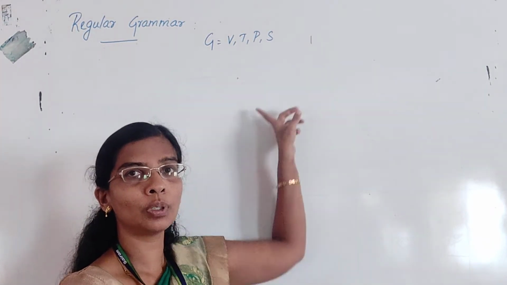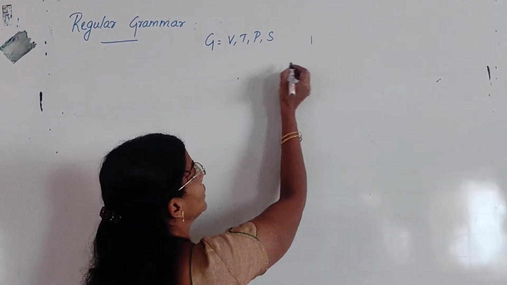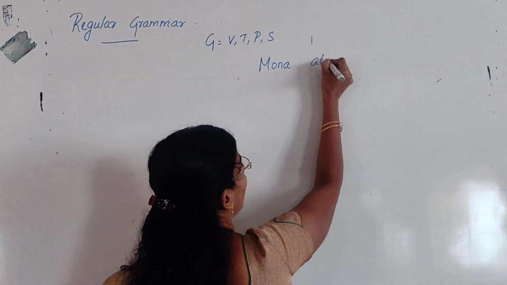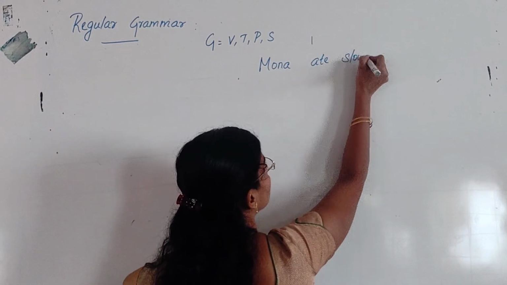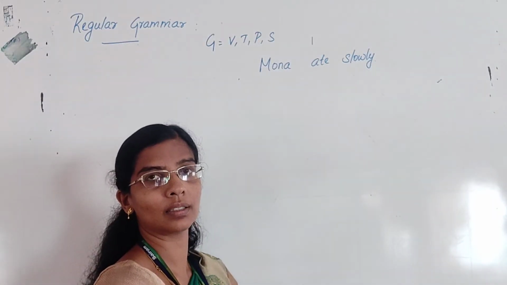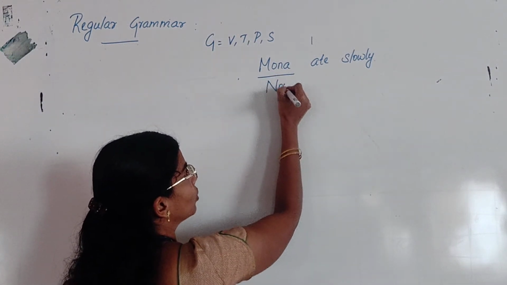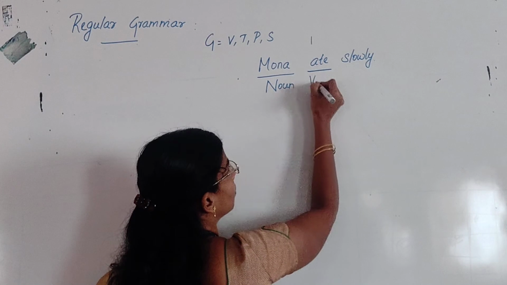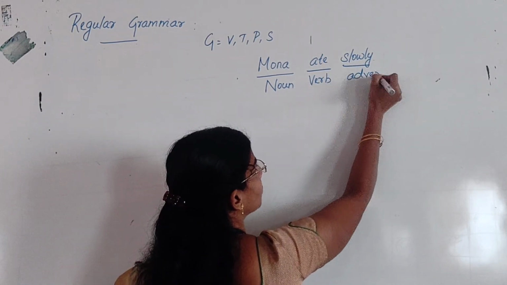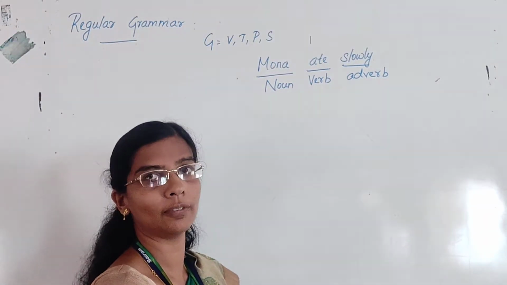Before seeing all these tuples, I'll take a sentence: Mona ate slowly. Take this as a sentence. In this sentence, this is my noun, and it is verb, and this is adverb. Noun, verb, and adverb.